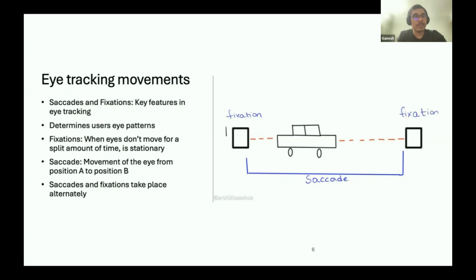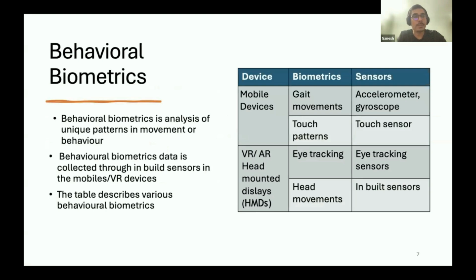These kinds of movements of a body are called behavioral biometrics. Behavioral biometrics can be from your gait, from your touch, from your eye movements, or from your head movements.